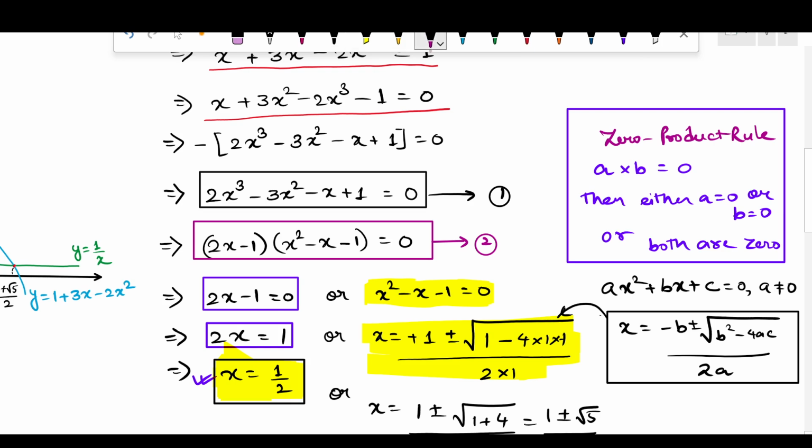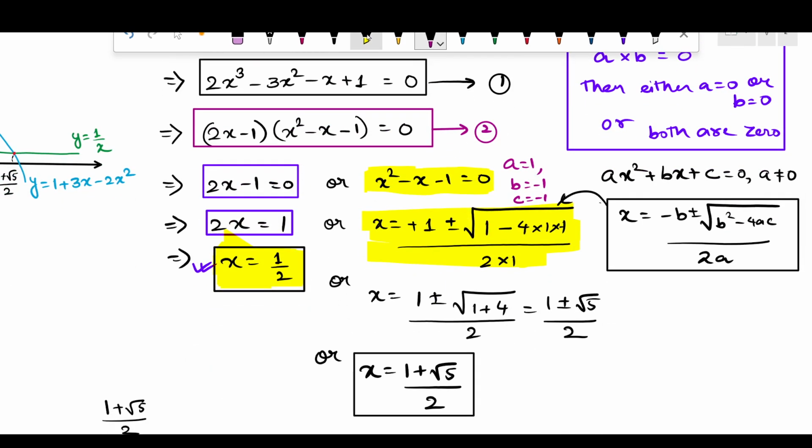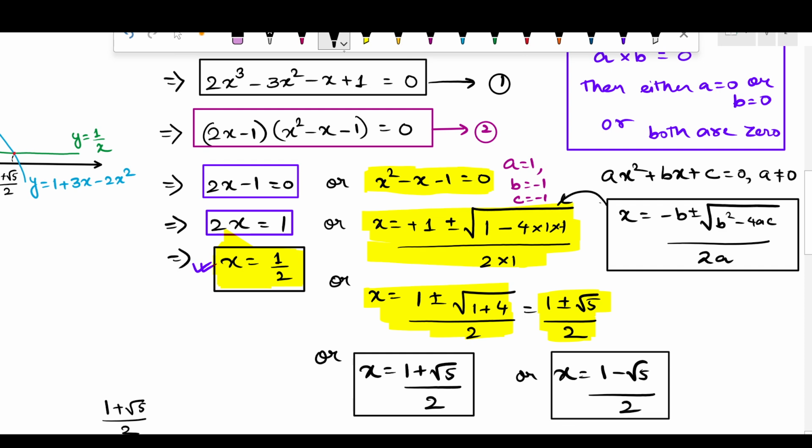In place of a we have 1, in place of b we have -1, and in place of c we have -1. Substituting all this, we get x = (1 ± √5)/2. Now we get two roots: x = (1 + √5)/2 and x = (1 - √5)/2.